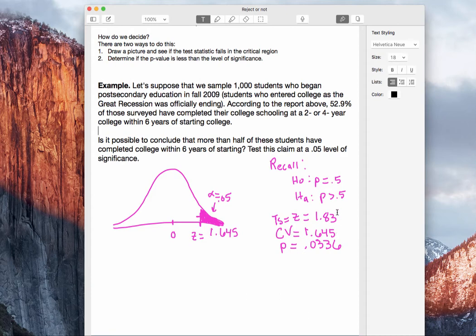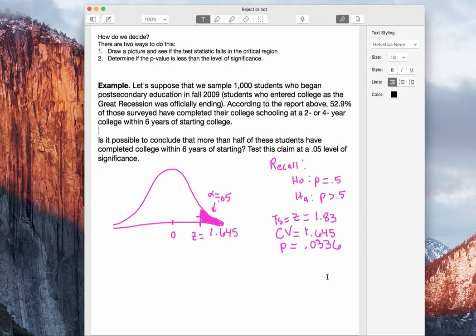We have computed the test statistic. Our sample proportion of 52.9% is 1.83 standard deviations above the mean. And then we use that test statistic to compute the p-value. So the area beyond 1.83 is 0.0336.